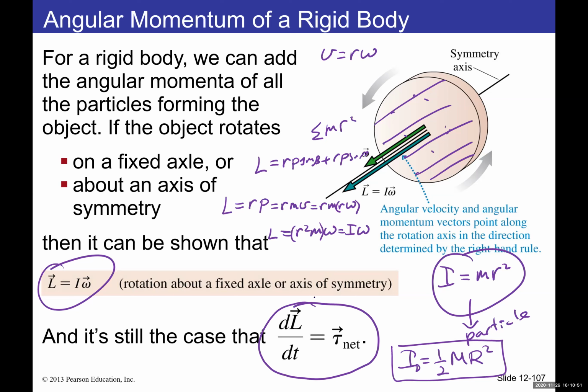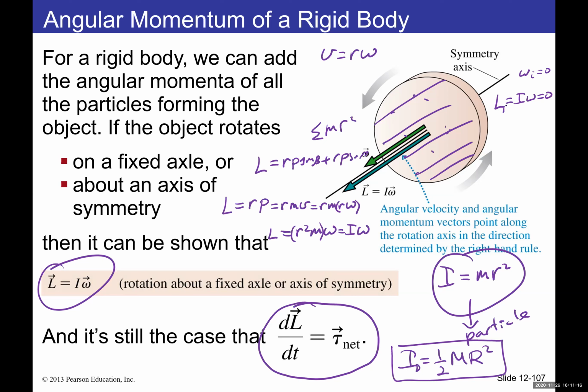Let's say this is very similar to the linear momentum, right? What changes linear momentum is net force. So if this disk was initially at rest, then angular momentum, which is I times omega, would also be zero if the initial omega is zero. You have a disk just sitting there, its initial angular momentum is zero.